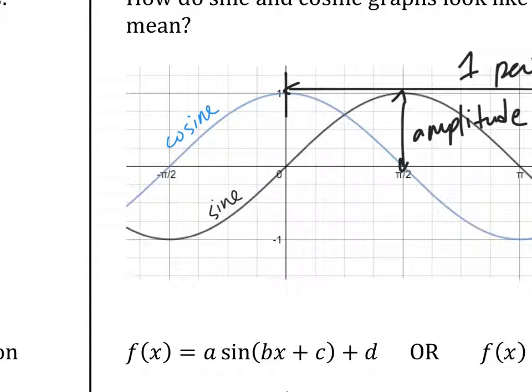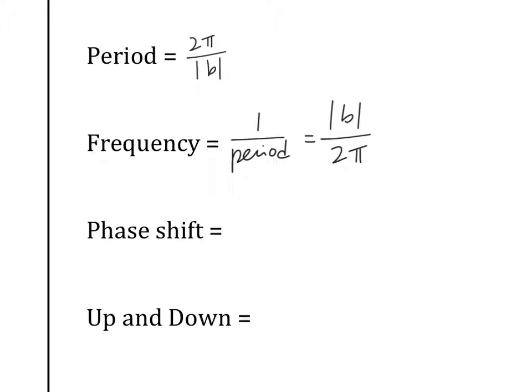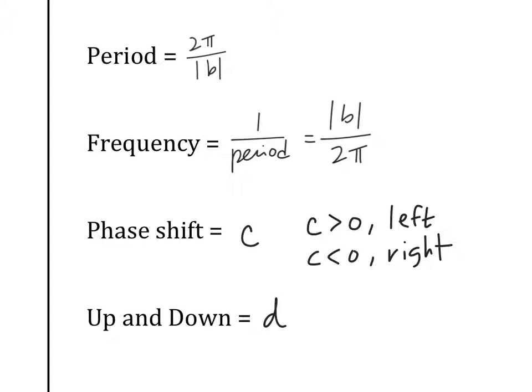Phase shift means how much you are offset from the original graph, so that is c. If c is greater than 0, we go to the left. If c is less than 0, we go to the right. And then up and down has to do with d. If d is greater than 0, we go up, and if d is less than 0, we go down.